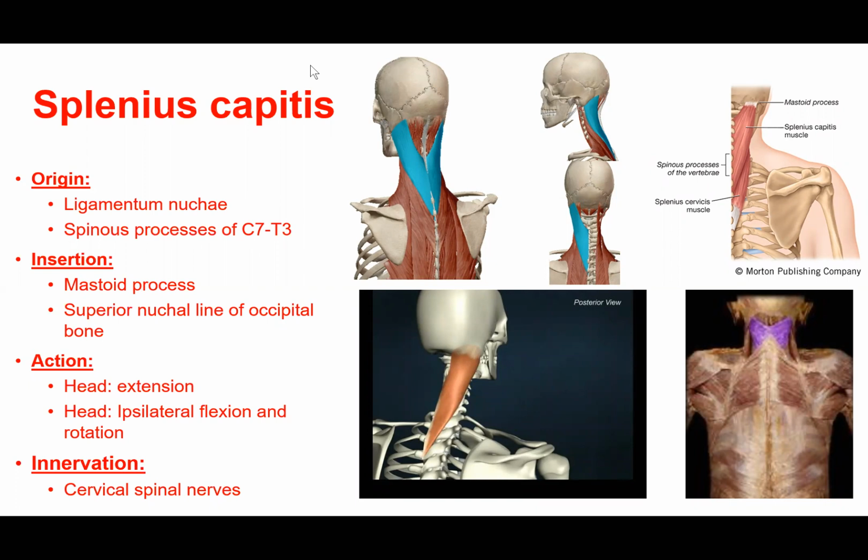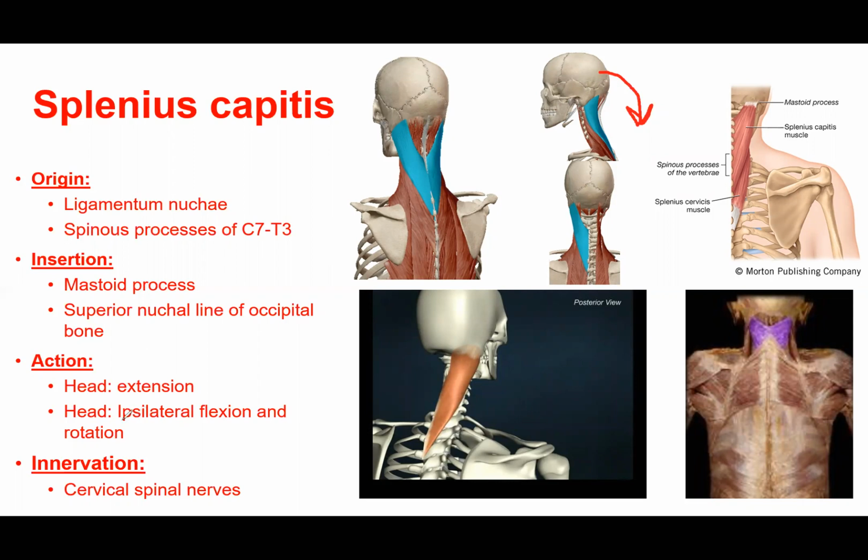I'm sure you can understand that if this muscle on both sides contracted at the same time, that would bring our head backwards. Additionally, if only one side is contracting, if only this side is shortening, then that's going to perform ipsilateral flexion.